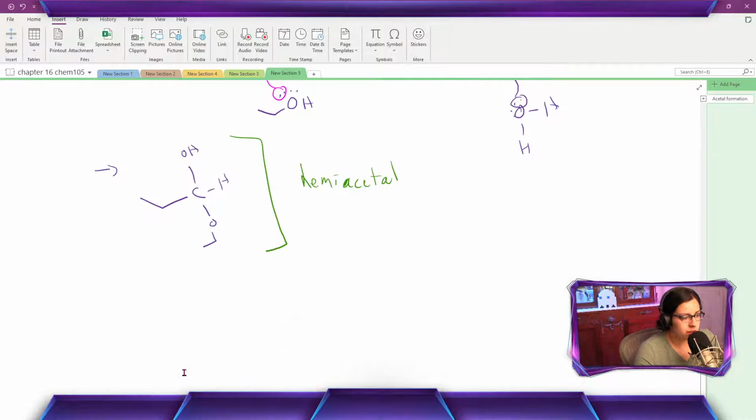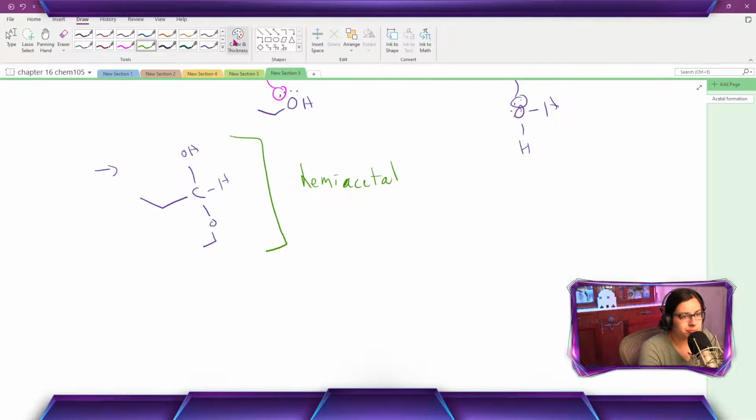So let's start here. This OH can be protonated to make it into a leaving group. Now we're starting with our hemiacetal.